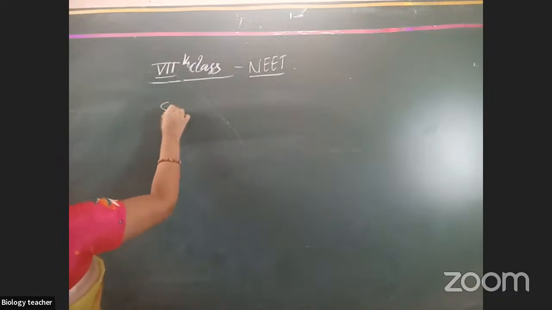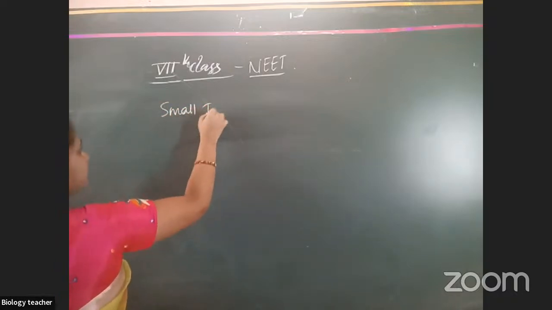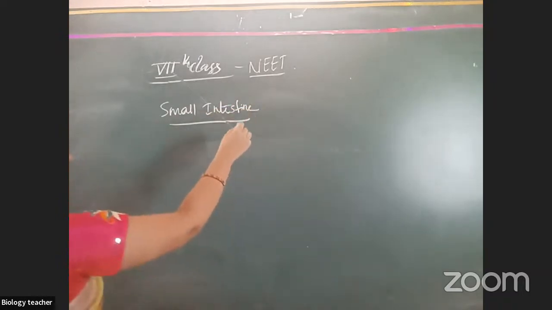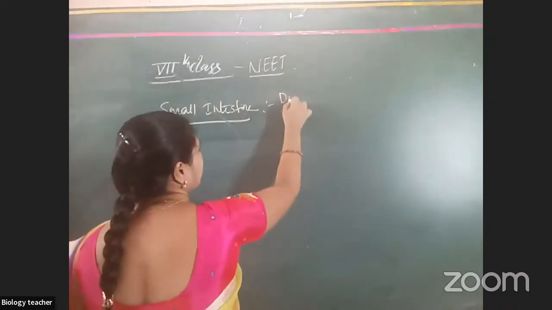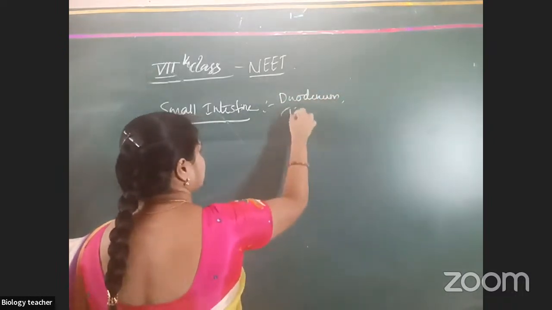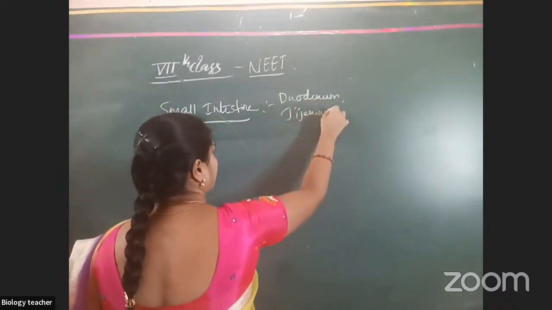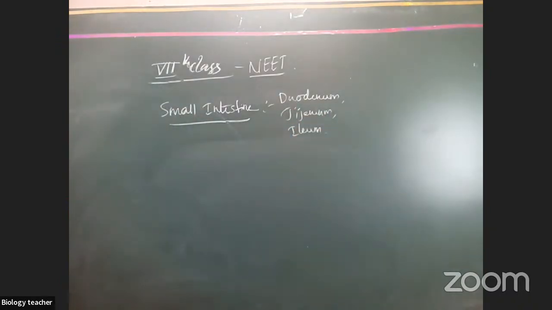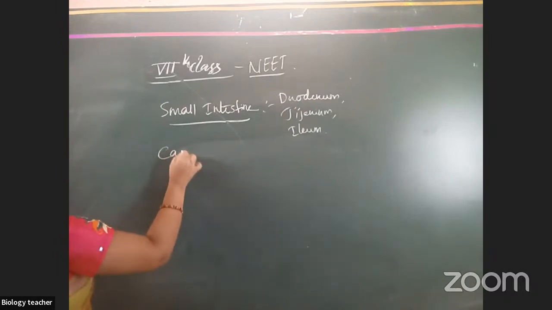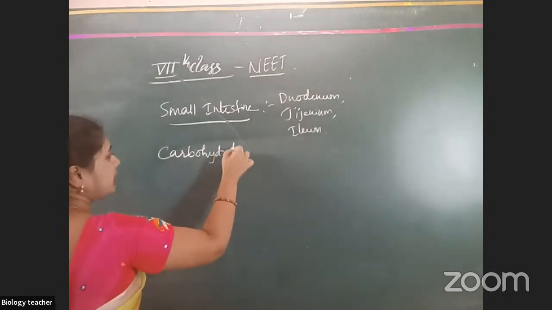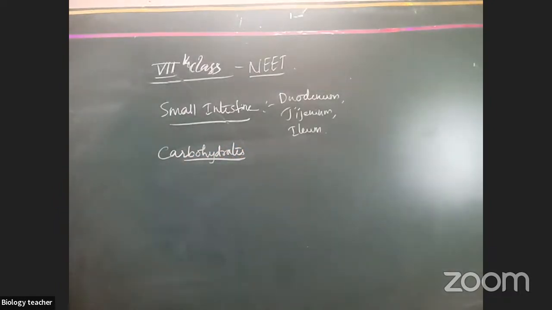The small intestine contains the duodenum and jejunum. In this small intestine, what is getting digested? We will see. First, carbohydrates get digested.